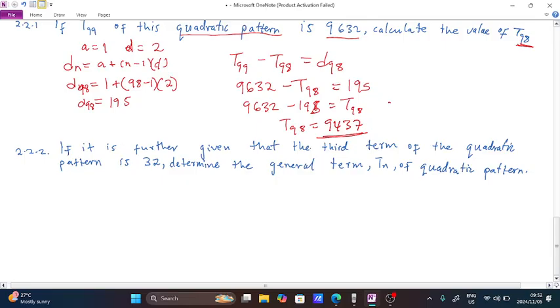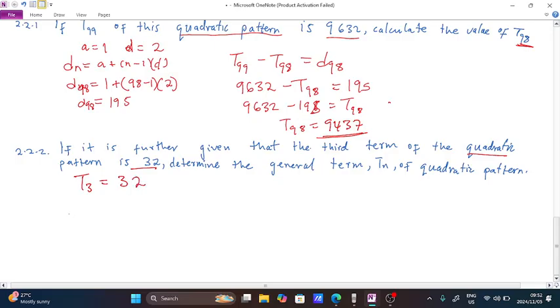Now they're saying it is further given that the third term of the quadratic pattern is 32. Now the important part: our statement, we must interpret again. They are saying the third term T3 of the quadratic pattern is 32. Can you see that?